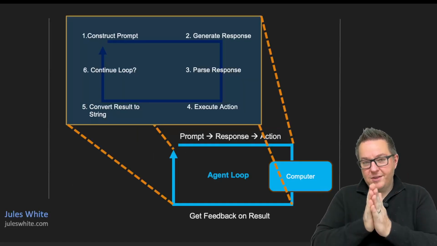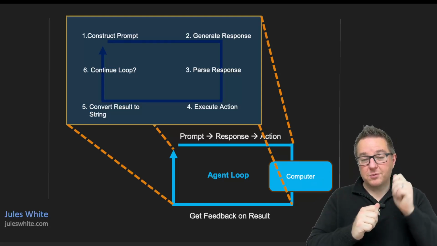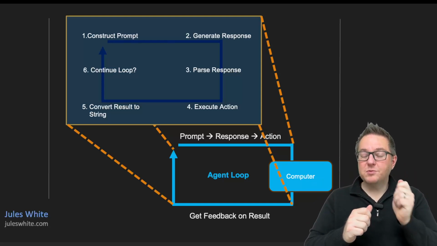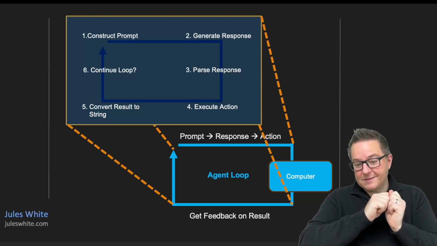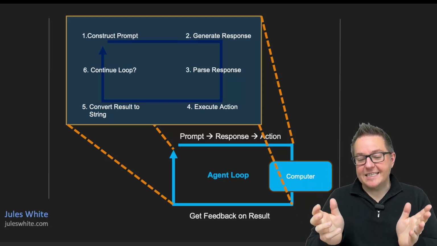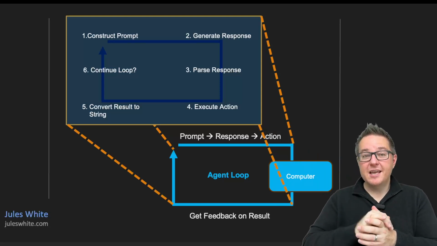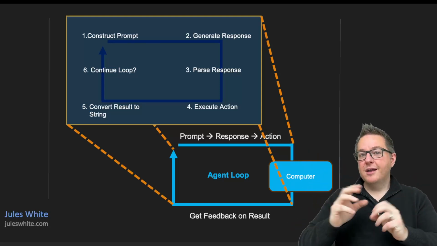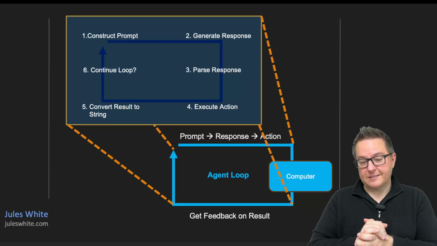Now, in order to do that, let's look at it in a little bit more detail. What we're going to do is construct our prompt, and this is what you're going to be doing whenever you're building an agent. You're going to be building a system that does essentially these 6 things. Now, you're going to have maybe more stuff in between. If you use some framework or library that's already out there, underneath the hood, it's going to be doing something like this.